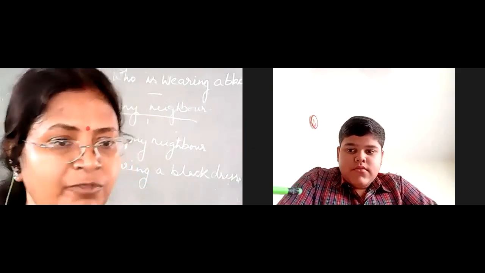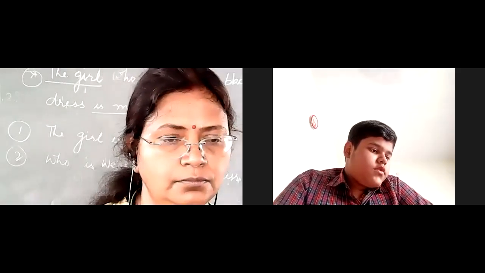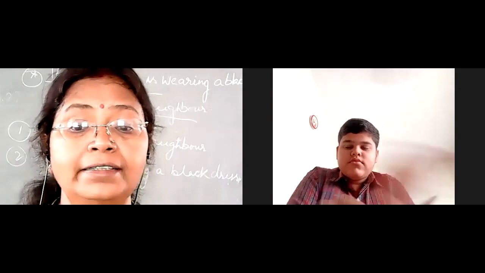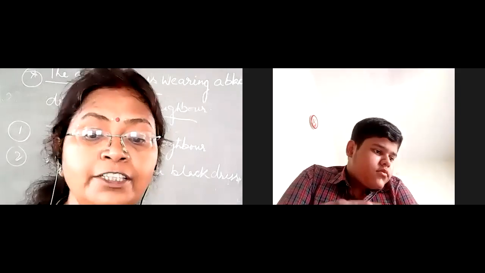It is adding something to the meaning of the sentence that a bridge has collapsed. Understood? Ma'am, please repeat. Independent answer: the bridge has collapsed. And dependent is: which was built a year back.